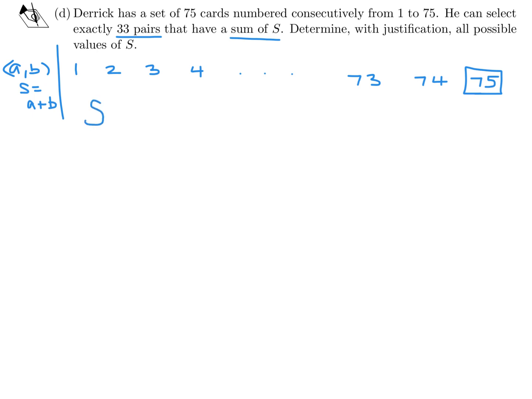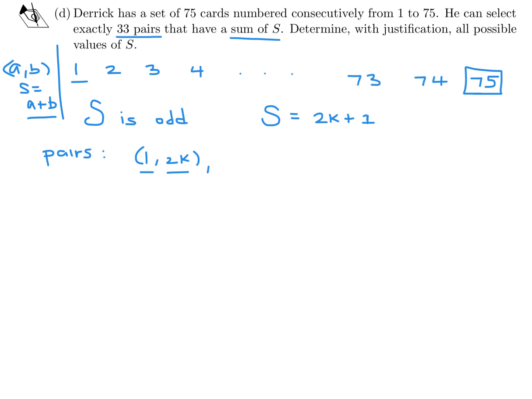We have to break it up into odd and even. First we look at when S is odd, and later when S is even. If S is odd, then S is of the form 2k plus 1, because all odd numbers are of the form 2k plus 1 or 2n plus 1. Starting from this side, our pairs could be 1 and 2k, because the sum a plus b gives 2k plus 1.